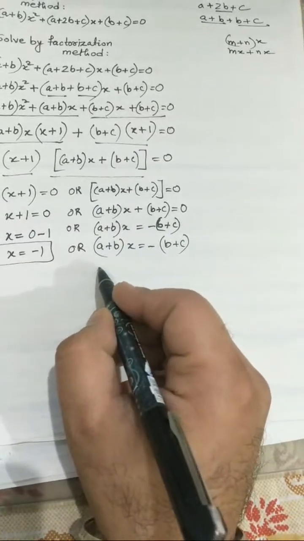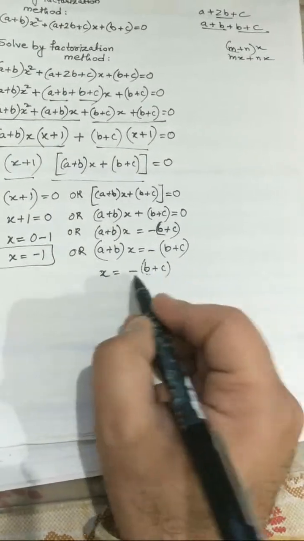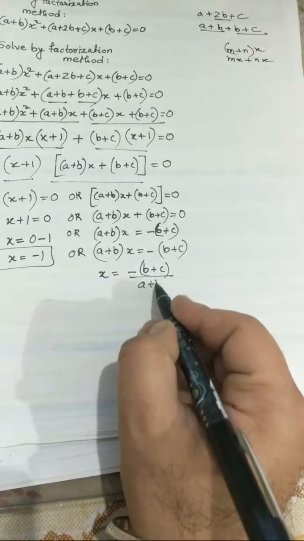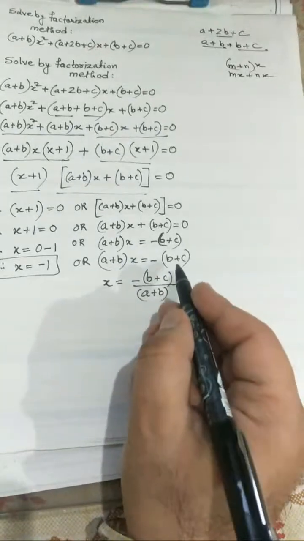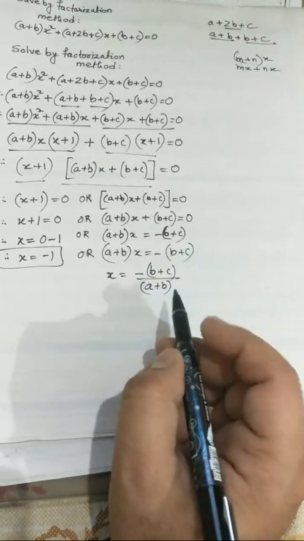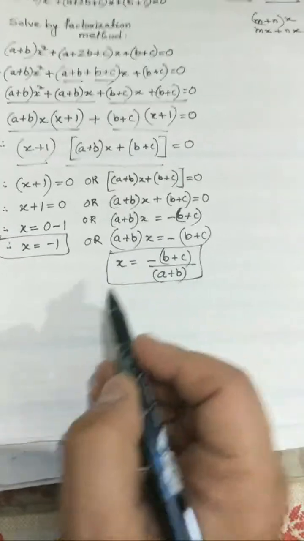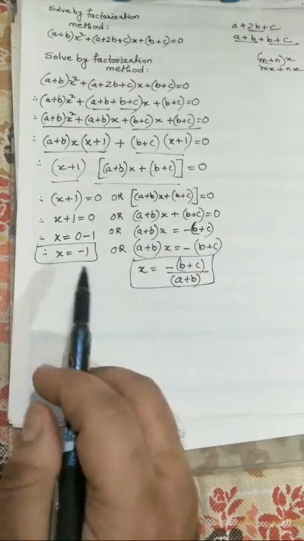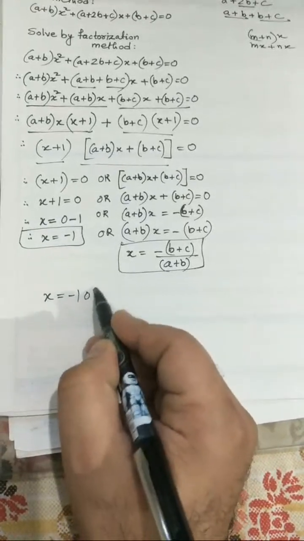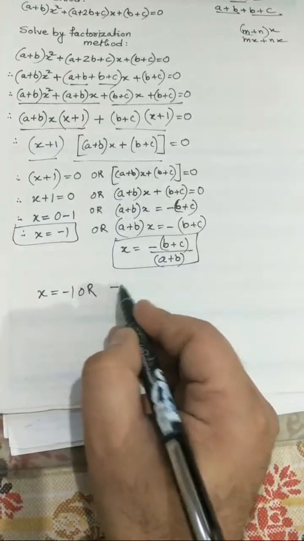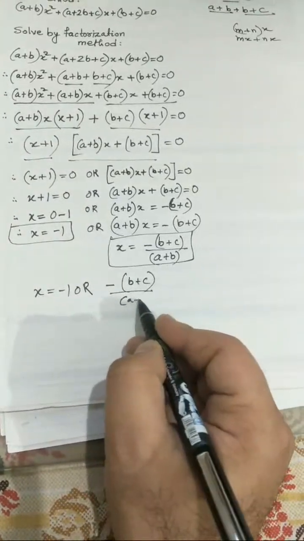So x is equal to minus (b plus c) upon (a plus b), because this is in multiplication with x, and when it is taken to the other side it comes into division. So here we have the second solution of x. You have got x is equal to minus 1 or x is equal to minus of (b plus c) upon (a plus b).